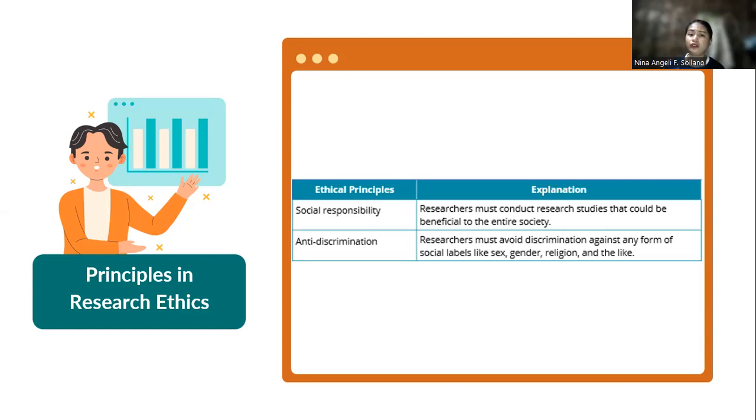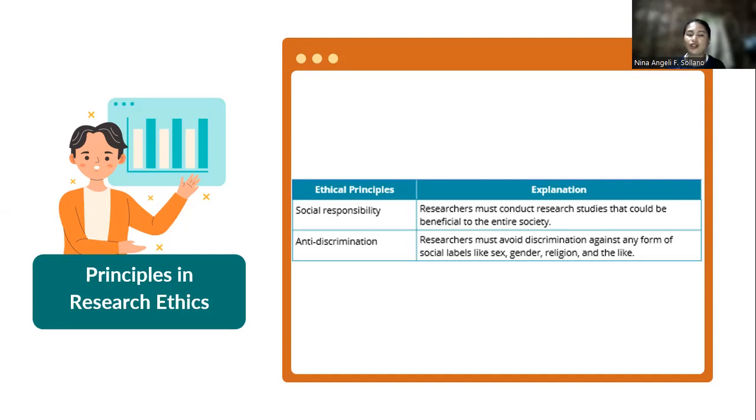For example, our study was about street food vendors. We didn't think of who they are. What is important is the information that we gathered. We only gather the information that we want, and after that, no more. Okay? So that's it.